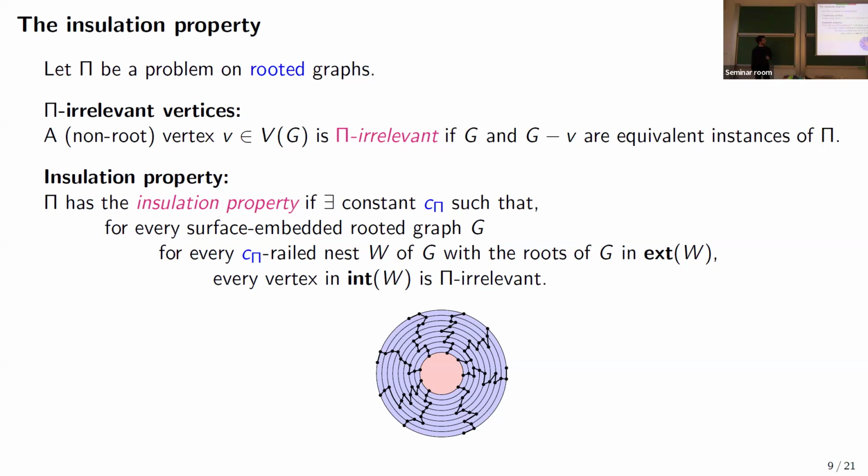So this is the property that I ask from a problem, and we already saw that disjoint paths and minor containment are two problems that have the insulation property. Both the number of cycles in the nest and the number of rails is c pi.